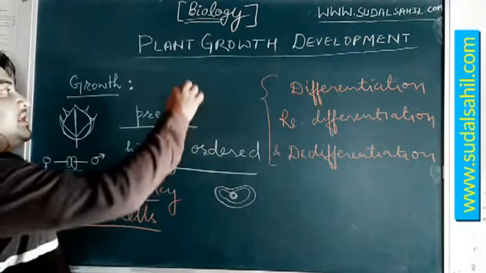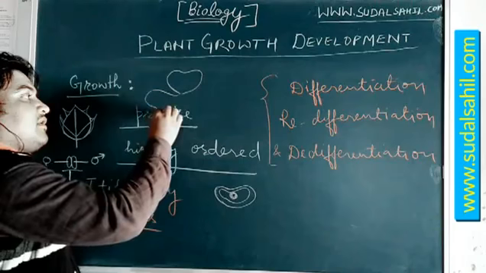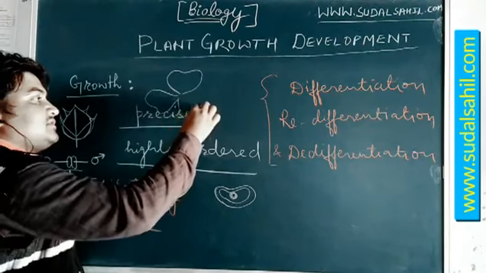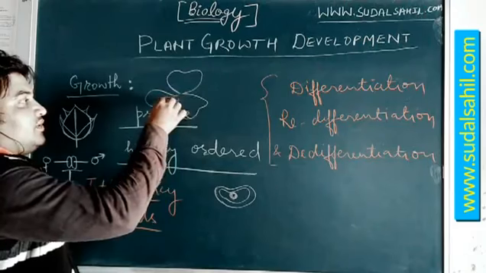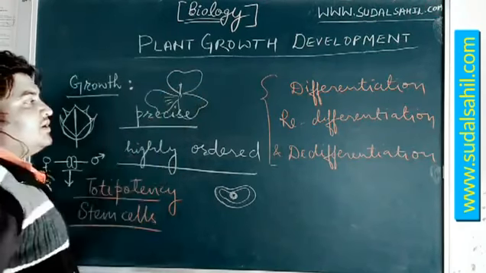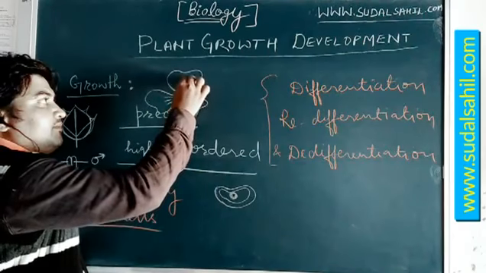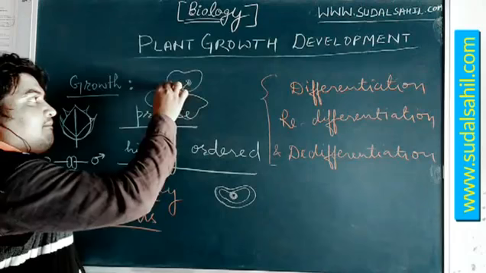In an entire plant, if you want to see, then there are petals, sepals, conductive tissue. This is your flower. There is a stigma in the flower. There are anthers in the flower.